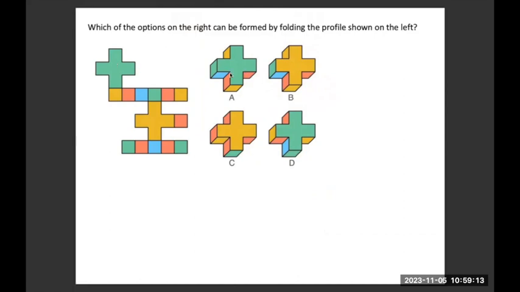You have to guess which solid or solids will be formed using this kind of surface development. Your clue should be to take either a green or a yellow square and try to see how its edges will come in color sequence. For example, in the case of the green part, yellow will come at the bottom, orange will come here, blue color will come here, green will come here, orange will come here, and yellow will come on the top side. Similarly, work out which numbers will come on the other side, that's all, try to start constructing that.